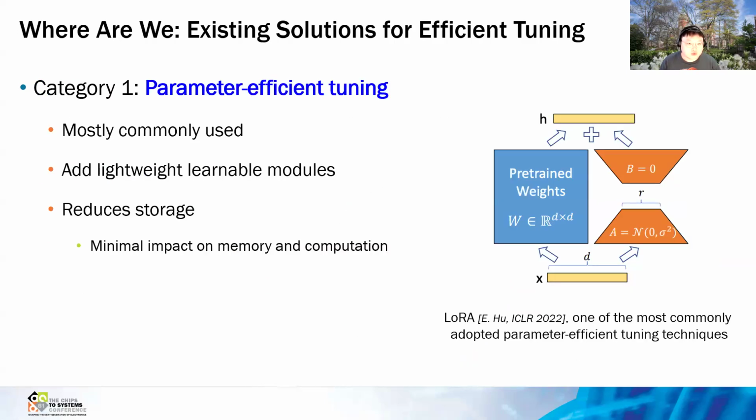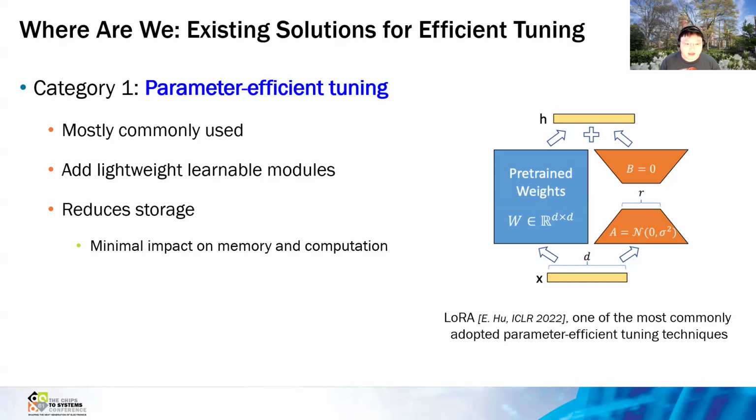So to alleviate this issue, existing solutions can be categorized into three directions. The first is parameter efficient tuning, which is most commonly used, as shown on the right side here, with a LoRA module basically adopted in all of the tuning works as a baseline.